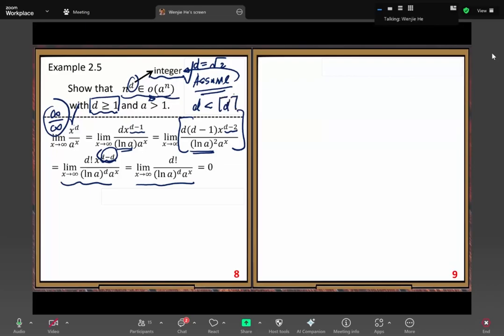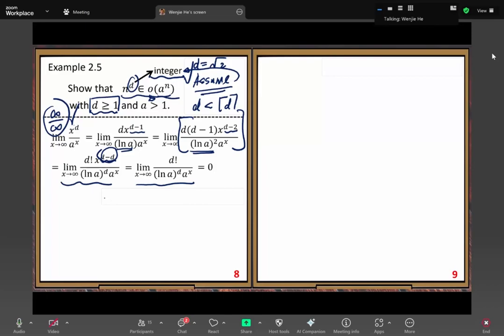Because if we take the ceiling function of d, first, that's an integer. Second, it's strictly greater than d. The ceiling of d is an integer, so we can apply our integer result. All right, so let's do it.